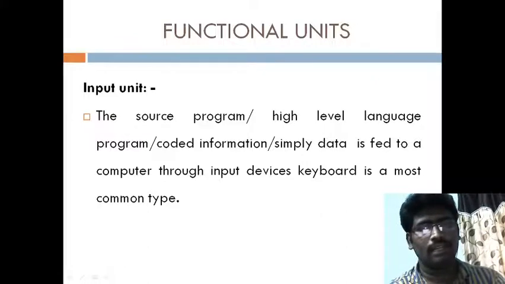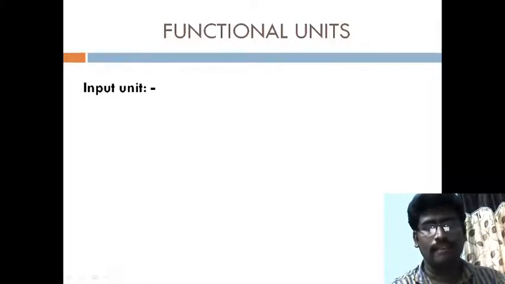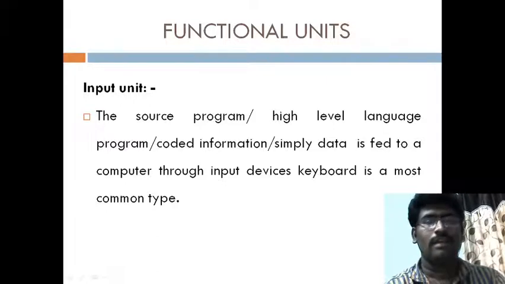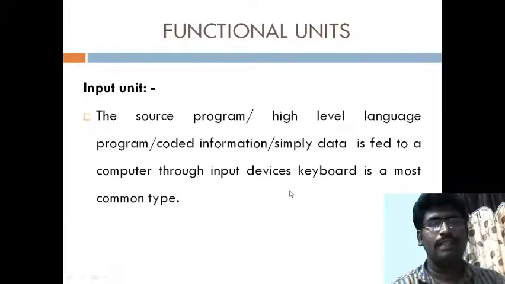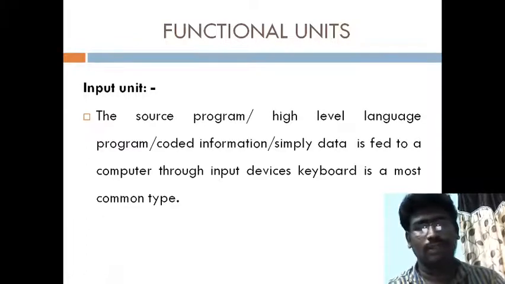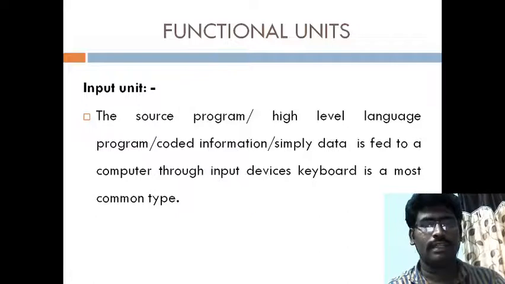Since the computer cannot understand that high level language, it definitely has to convert it into low level language. But whatever high level language input we give is simply fed to the computer through the input devices. After that it will convert that into zeros and ones, which is a computer understandable language.